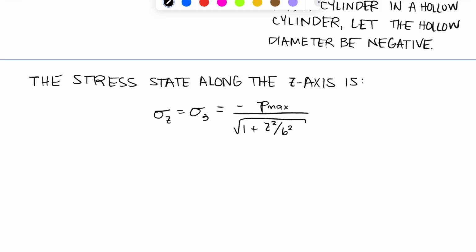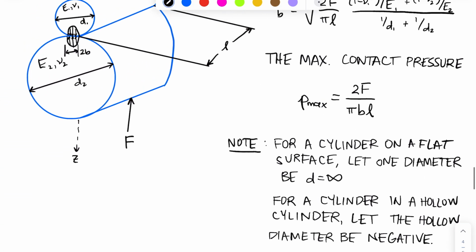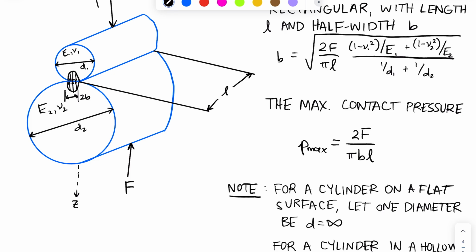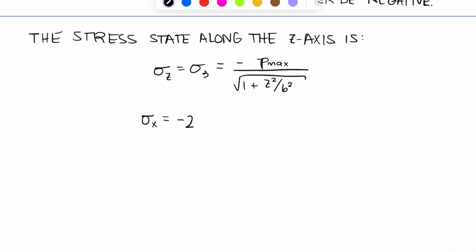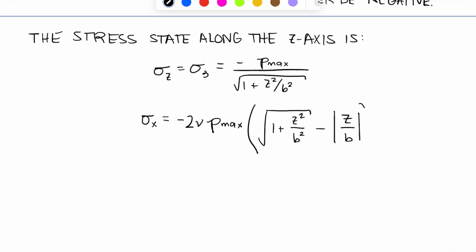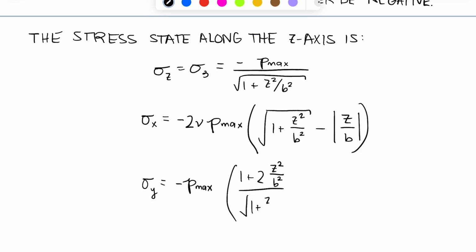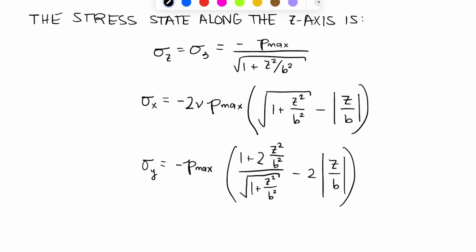Now, for a cylinder, sigma x and sigma y are not going to be precisely the same, so we're going to have two separate expressions for each of those. And you'll notice that I didn't designate sigma x or sigma y as sigma 1 or sigma 2, and that's because they actually sort of switch places depending on how deep you are into the cylinder.